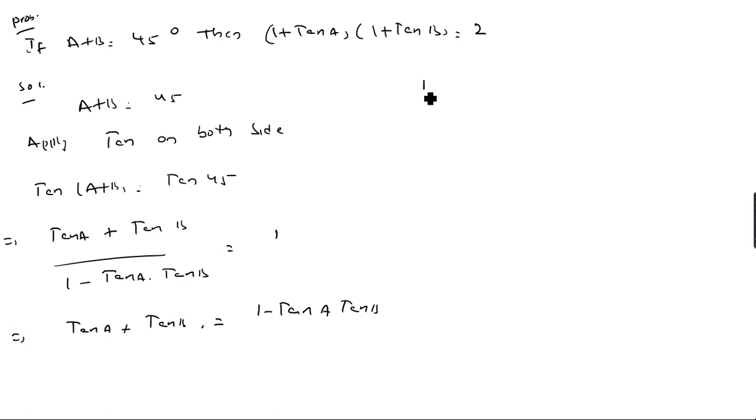So therefore the minus is converted to this side. We get tan A plus tan B plus tan A into tan B equal to 1. In the answer we need 2, so therefore add 1 on both sides.